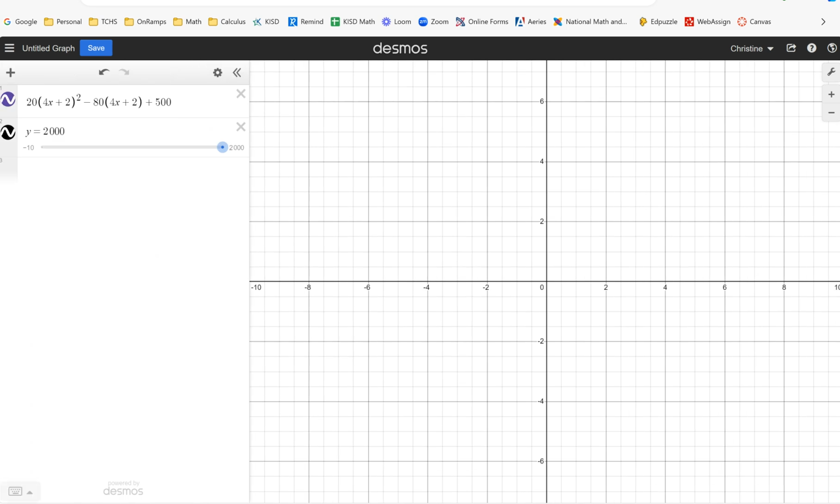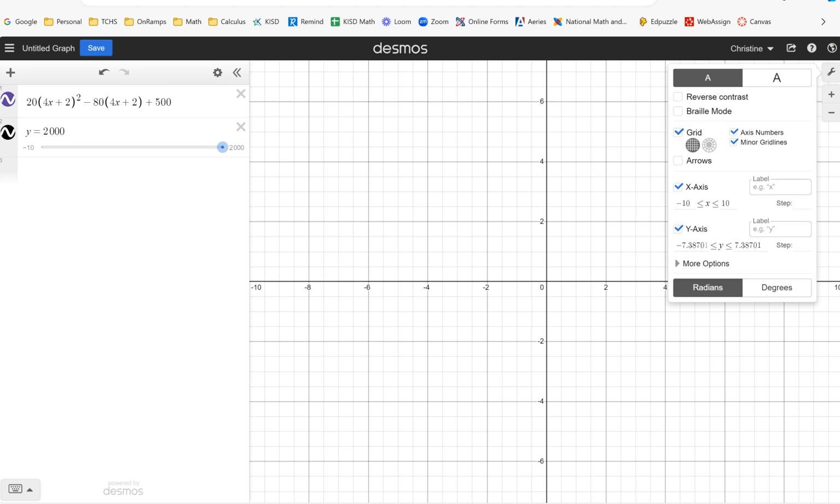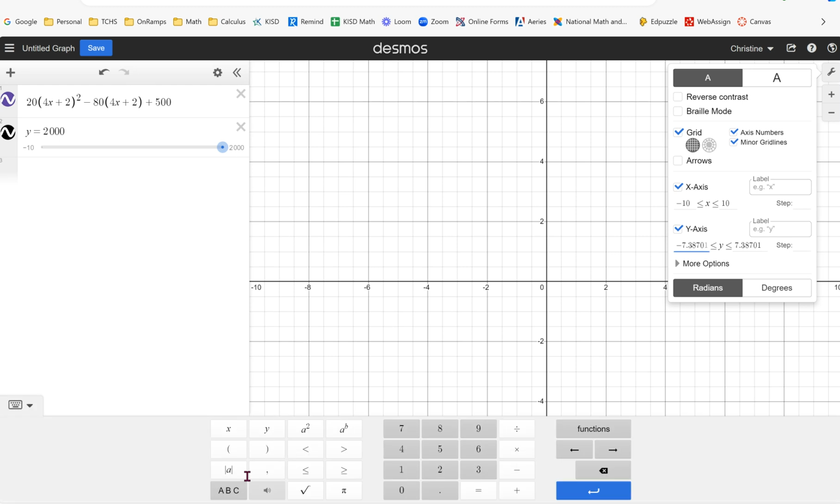Right over here, I've already typed it out. The only difference is I changed the t's to x's. I typed the n formula and then I put y equals 2,000. But you'll see that we don't see the graphs at all, so I'm going to change my y values to some bigger numbers.